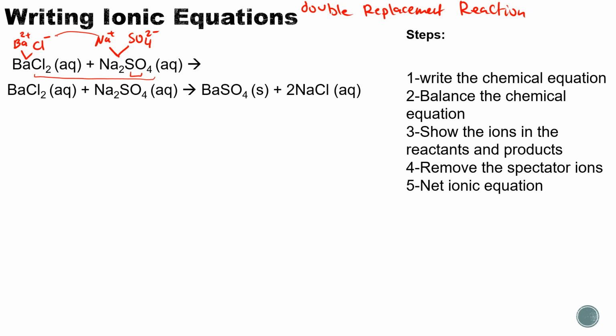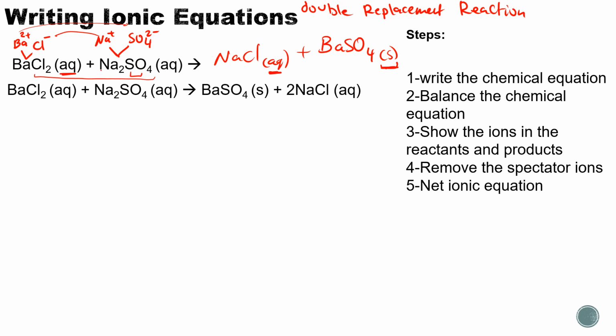Now, positive with negative, so you will have NaClAq plus BaSO4 solid. الحين بتسألوني Mr. How did we know this is a solid? I will tell you, don't worry, okay? It's coming. I just want to show you how to write ionic equations and then I'll tell you why this one is AQ and why this one is solid.